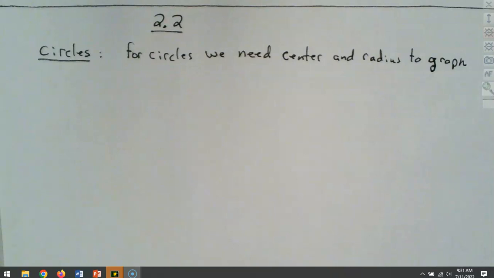So first I'm just going to give you a center and a radius, and we're just going to graph the circle.